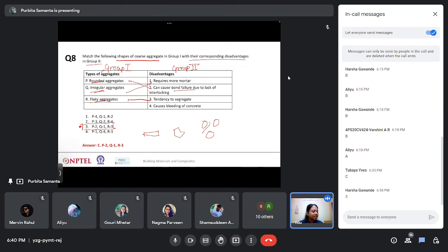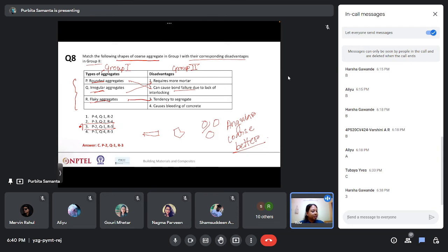So these are some of the disadvantages. However, we prefer to use angular coarse aggregates. So these are better. These also have got some disadvantages, but yes, it's least than the other types.